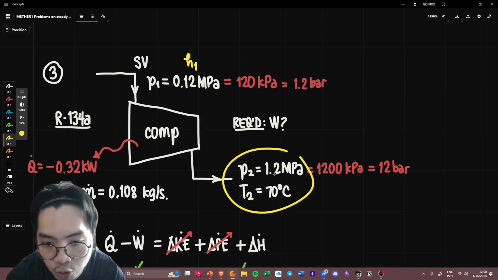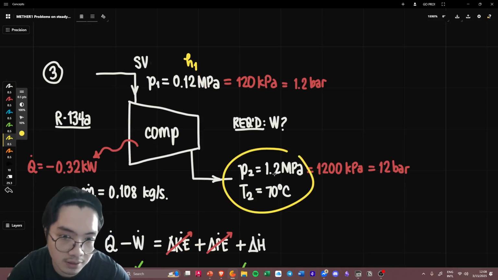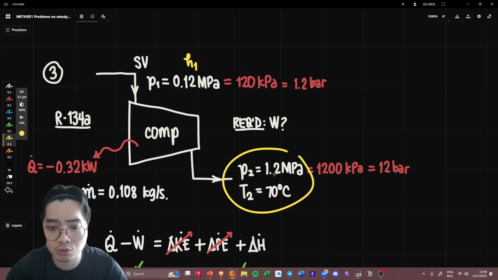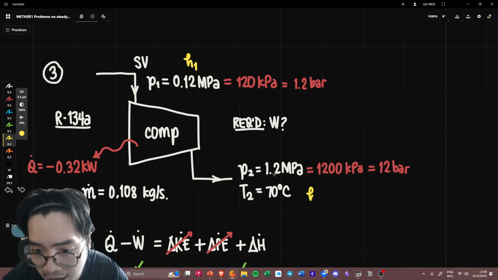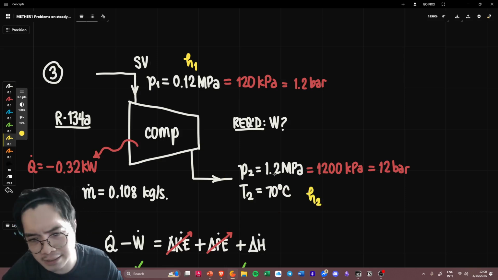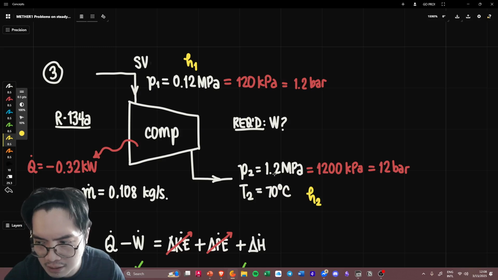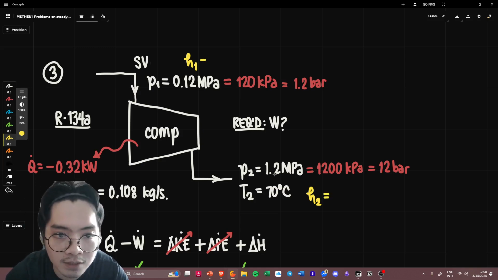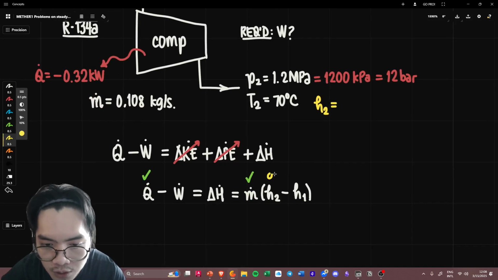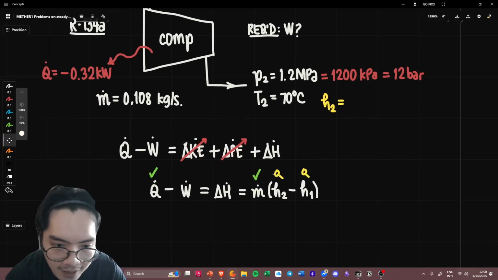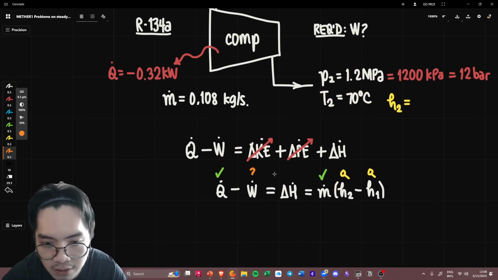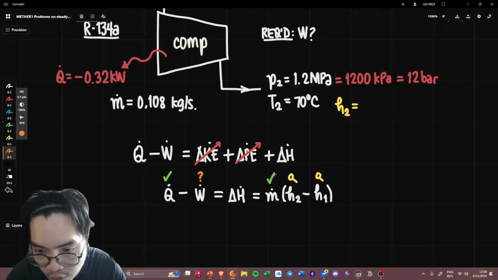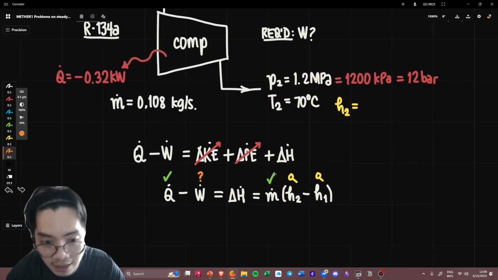And because we know two things about this refrigerant, we can also get the value of H2 as well, so long as it's superheated vapor. So technically, we can find these values together. These are the magnifying glasses. And now this is what we need to solve. If we find everything out here, we can solve for our value of W, our compressor work.